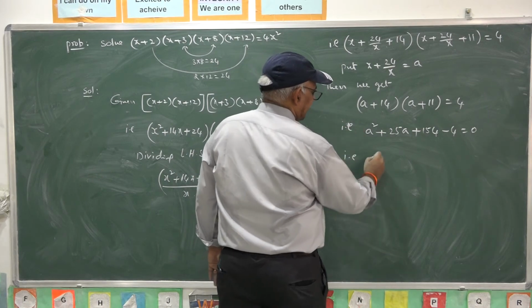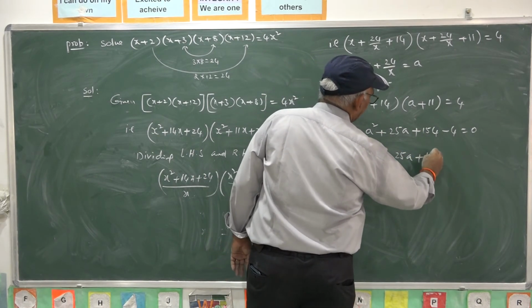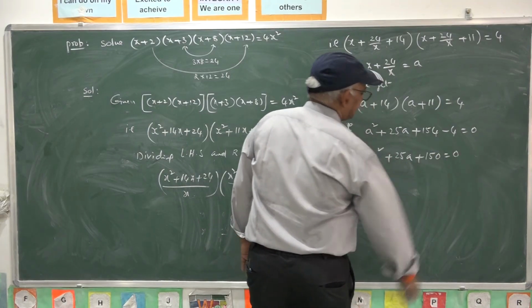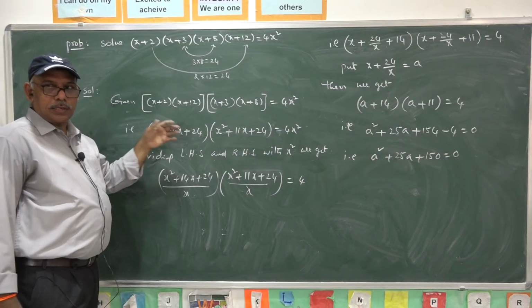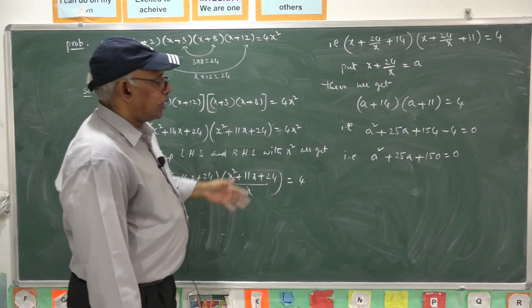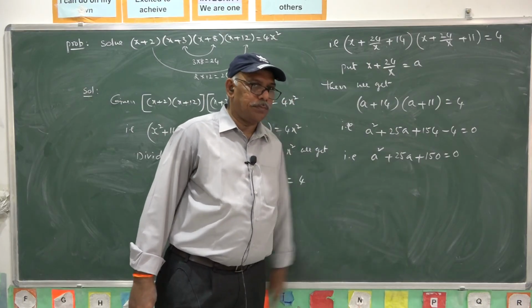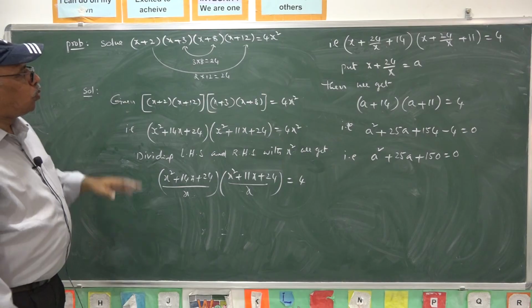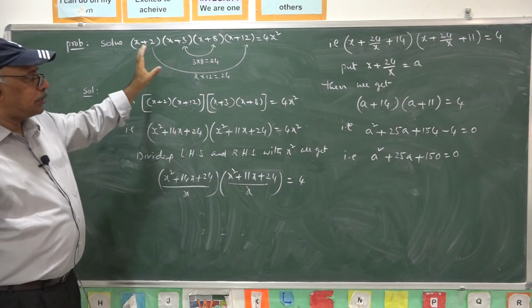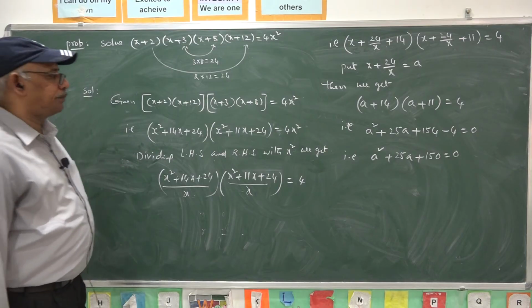That is a square plus 25a plus 150 equal to 0. That means the given biquadratic equation can be reduced to quadratic form by suitable changes. Once the equation is in this form, you can go through this procedure.